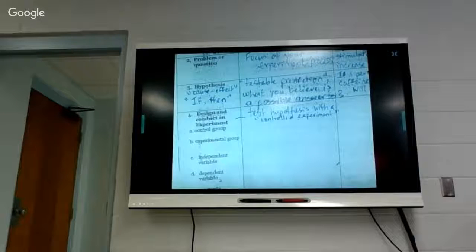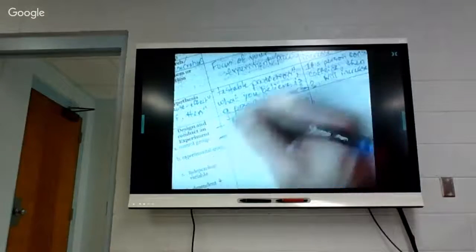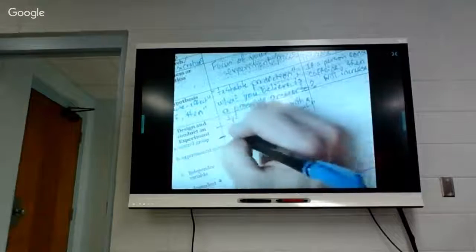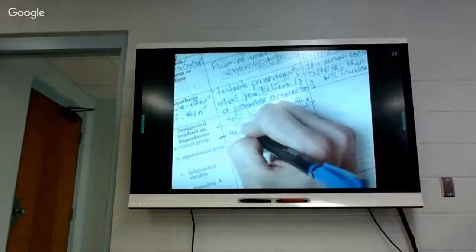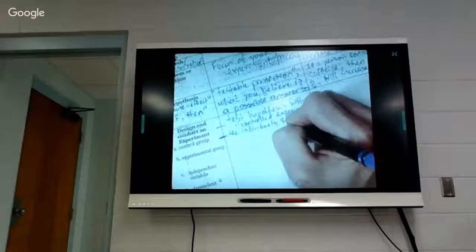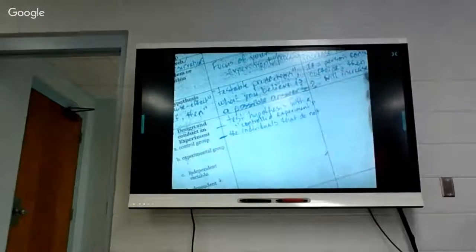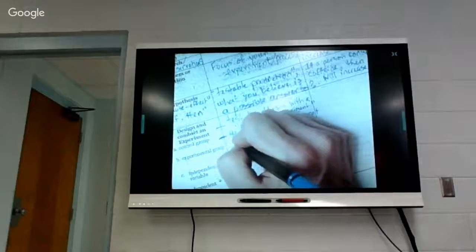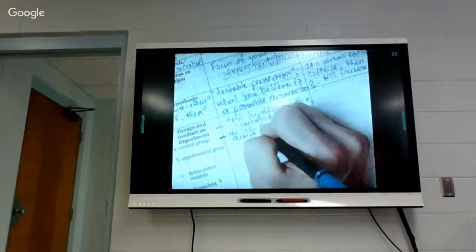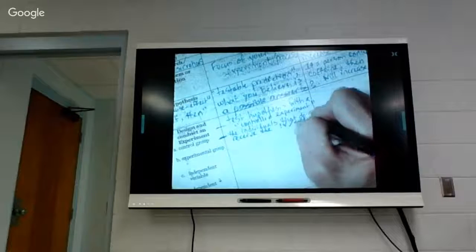So the control group is not going to receive the independent variable, the manipulated variable, what I call the special treatment. So this is the individuals that do not receive the IV, which is what I call the special treatment.